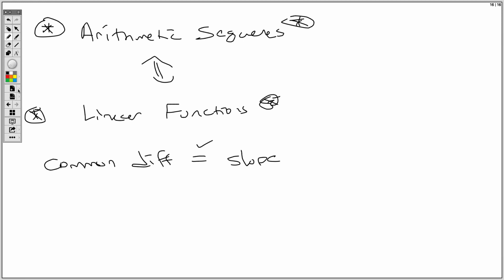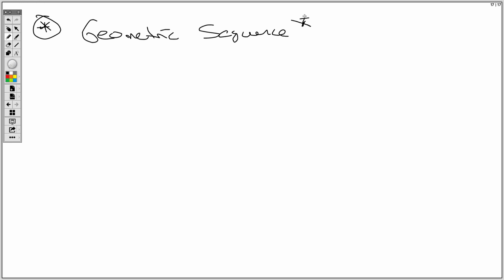Now, the other big class of sequence we're going to talk about is geometric sequence. With an arithmetic sequence, the way you go from one to the next is you're always adding the same number. You have a common difference in play. For a geometric sequence, you have a common ratio in play.